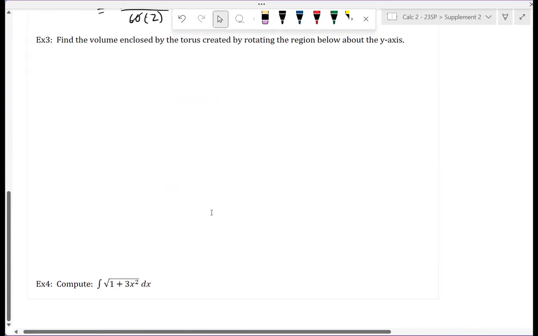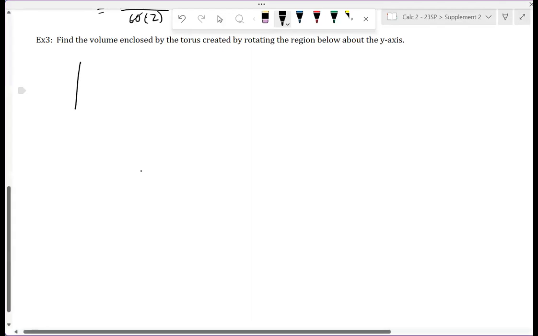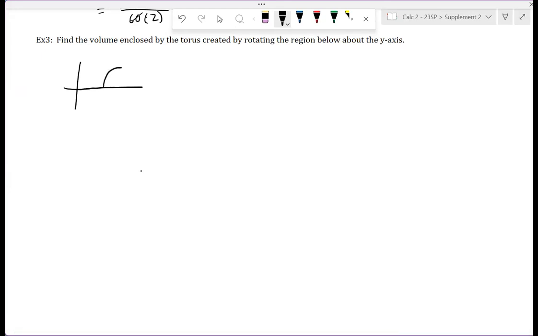Okay, so the next example: find the volume enclosed by the torus created by rotating the following region about the y-axis, and I'll draw the region now. So we have a region that is a circle.